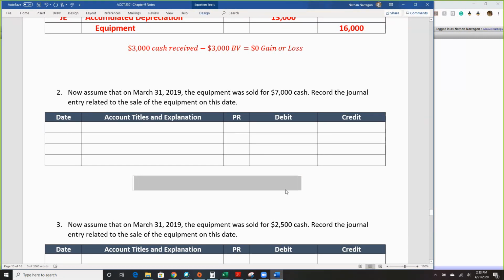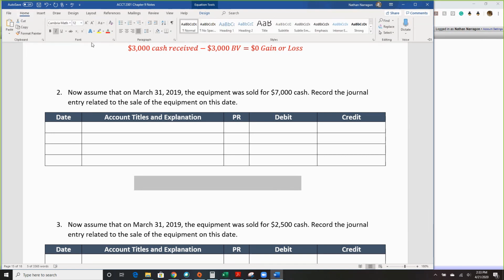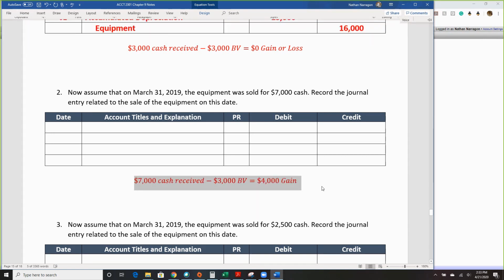Yeah, you sold it for a gain. You made more money off of it. Again, the cash received was $7,000. We subtract out the book value and it gives us a positive $4,000. So we made $4,000 over our book value.